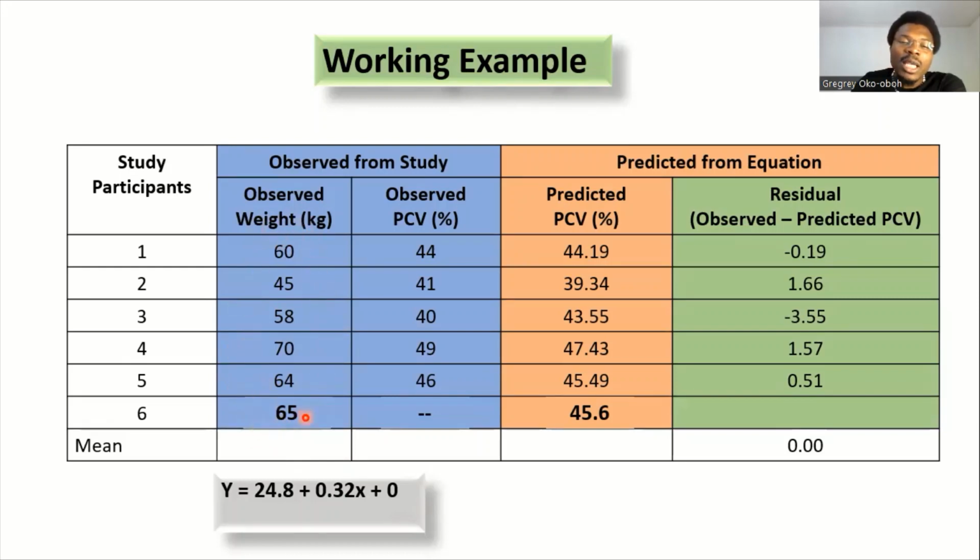If it does, there will be a lot of noise and uncertainty in the estimate of the predicted outcome. That's why 65 in this example is within the range of values of our study participants that we've used to develop the regression equation and then to predict the outcome.